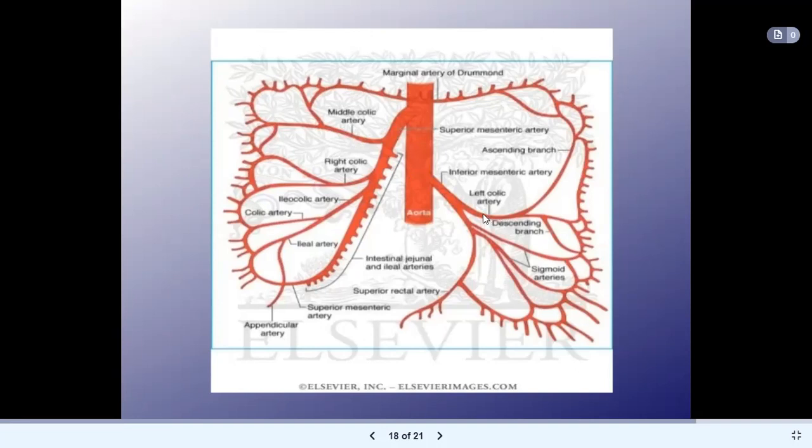So the left colic artery has an ascending branch and a descending branch. We said that the ascending branch will go and supply the upper part of the descending colon, and then it will anastomose with the middle colic artery.